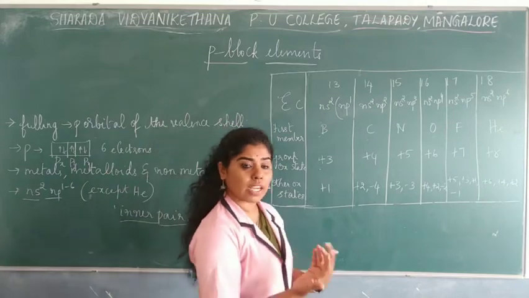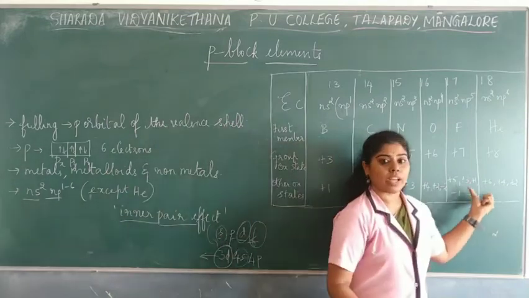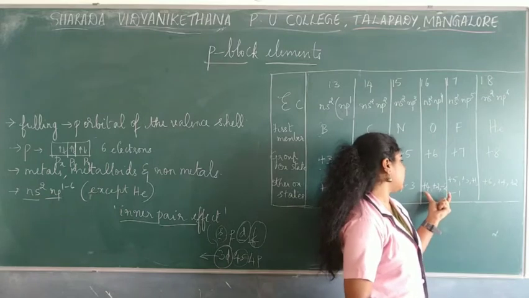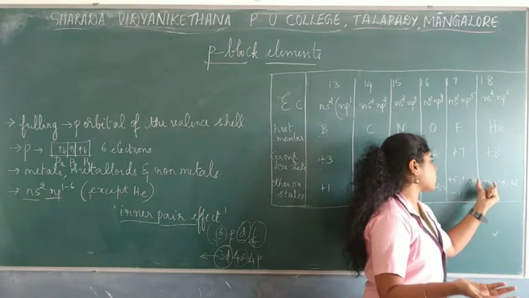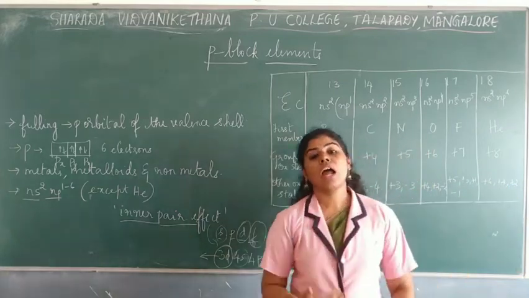So due to electronegativity difference also there can be variable oxidation state. So here you have +4, +2 and -2. Then you have +5, +3 and +1, +6, +4, +2 and all of these.